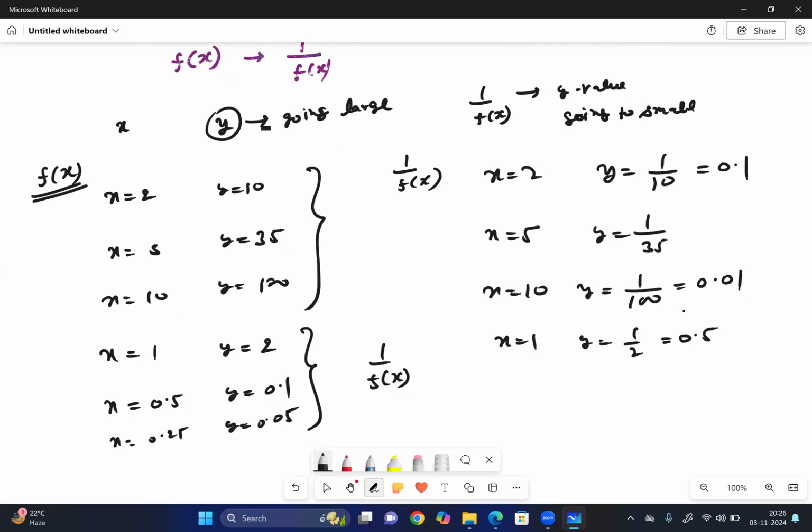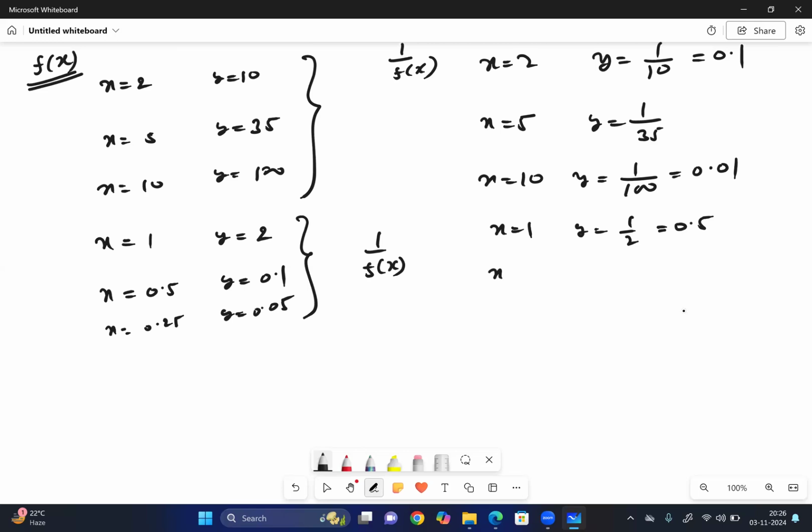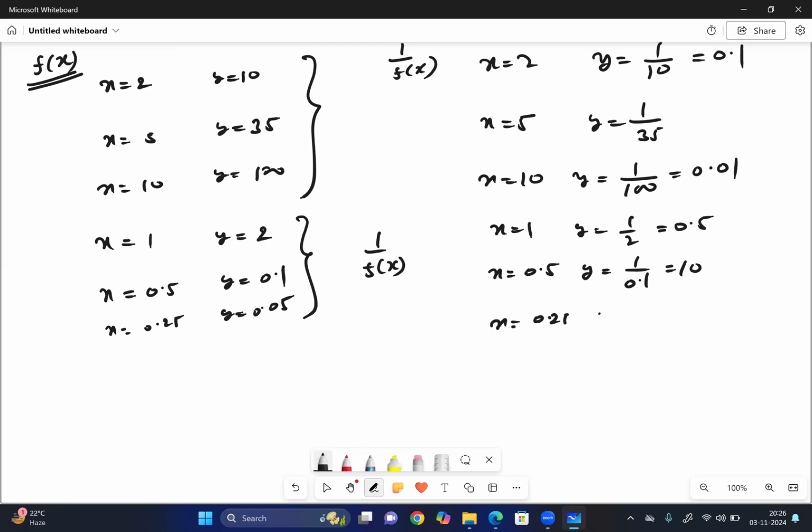It is actually large out of all the above values. And for x equal to 0.5, y is equal to 1 upon 0.1, which is 10. And for x equal to 0.25, y is 1 upon 0.05, which is 100 upon 5, that means 20, isn't it?